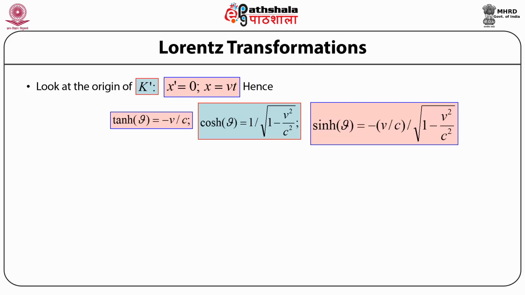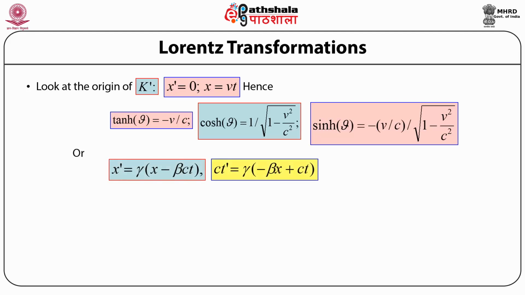Now, if we define β equal to v/c and γ equal to 1 upon the square root of 1 − v²/c², which is equal to 1 upon the square root of 1 − β², then the equations for x′ and ct′ can be written as x′ is equal to γ(x − βct), and ct′ is equal to γ(−βx + ct).